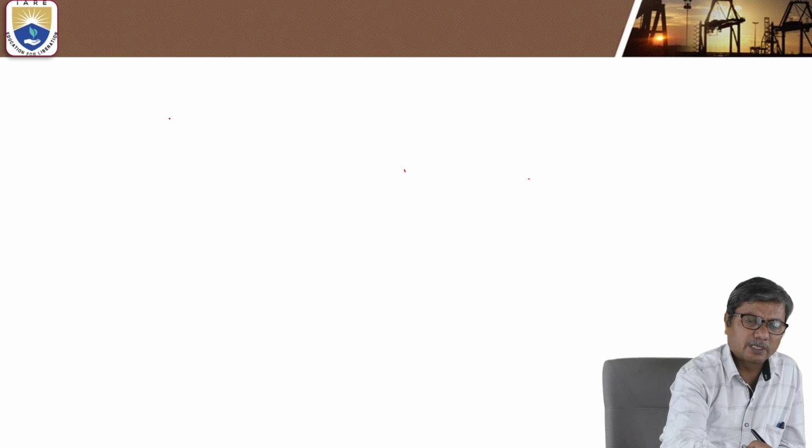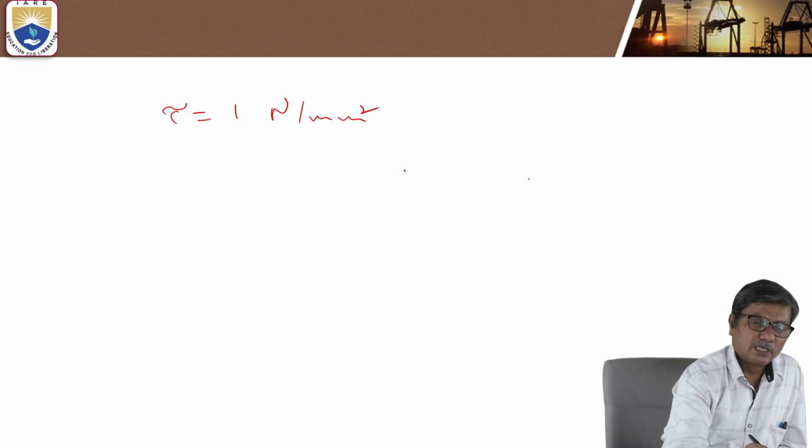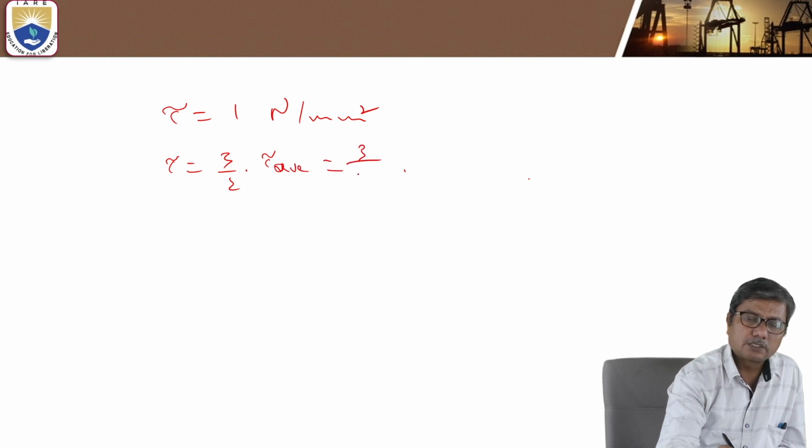Now, coming to the second condition of tau maximum, which is given as 1 Newton per mm square, and maximum shear stress is also given as 3 by 2 into average shear stress. Average shear stress, we know it is F by BD.